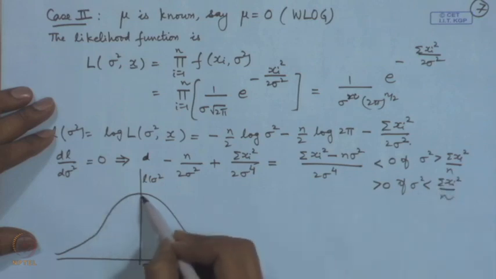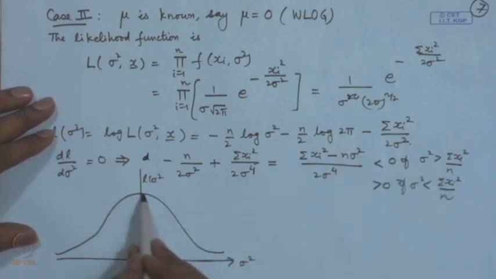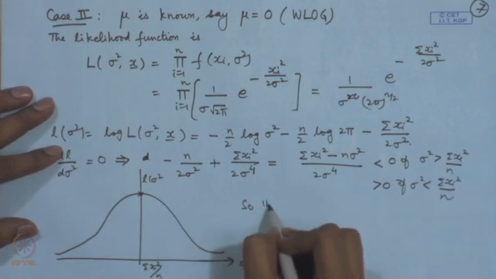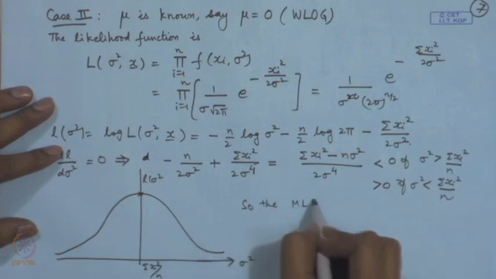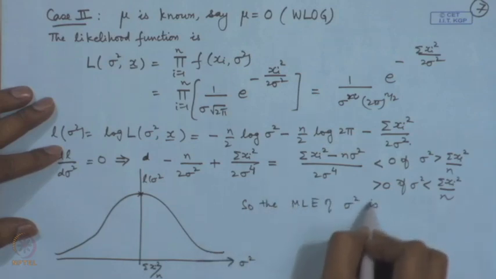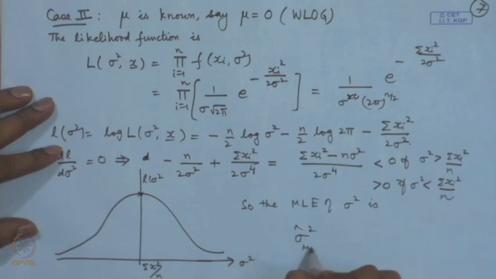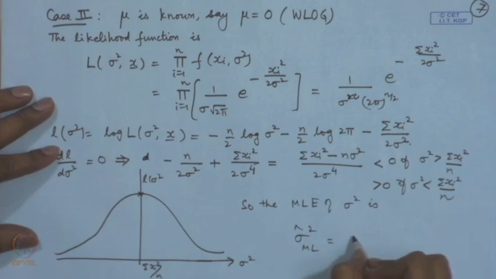So, it is increasing up to this and thereafter it is decreasing. So, the maximum occurs at sigma x i square by n. So, the maximum likelihood estimator of sigma square is, we will write ML just to denote that it is the maximum likelihood estimator, that is turning out to be 1 by n sigma x i square.